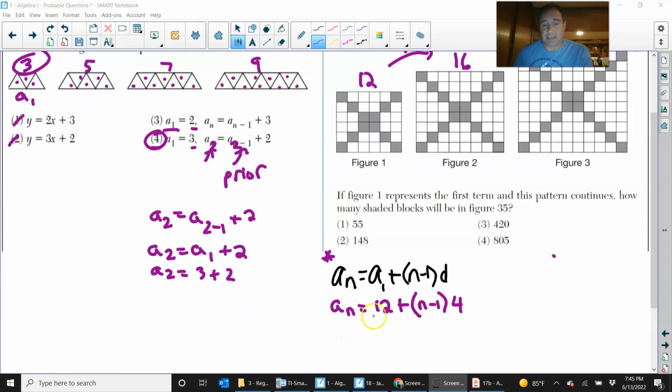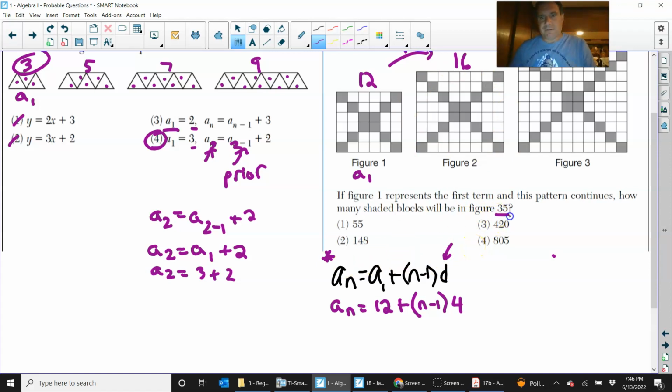So I left it blank here. 12 is the first, it's a sub 1. So this is your a sub 1, right? And then n minus 1, you just put down the term you're looking for minus 1, right? And then the common difference is the 4, right? Because it's increasing by 4.